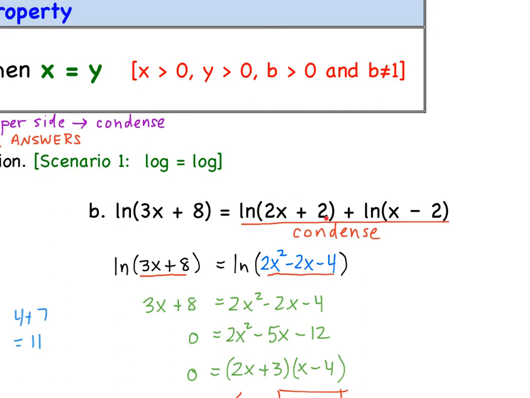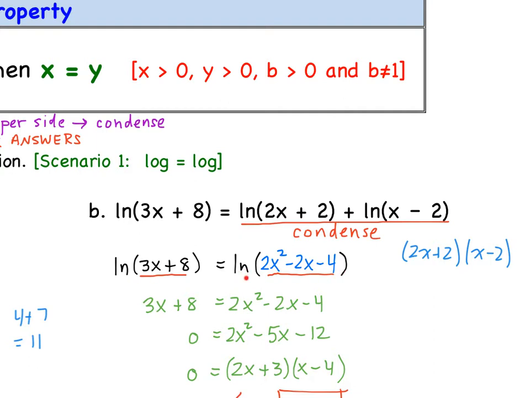We multiply the arguments. So we take 2x plus 2 times x minus 2, we multiply those out, and we have one log term. So it becomes the natural log of, when we multiply those two arguments together, 2x squared minus 2x minus 4.